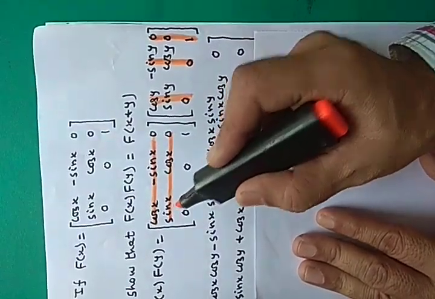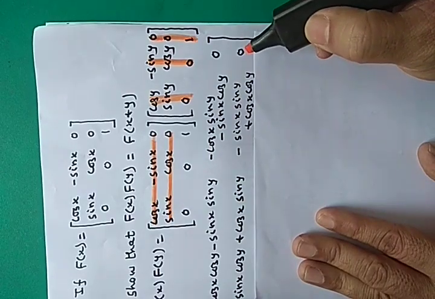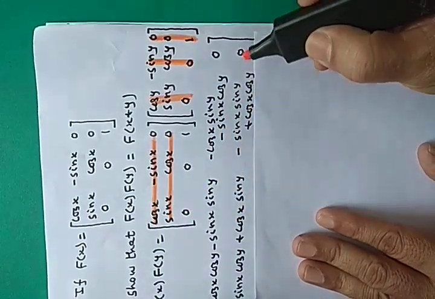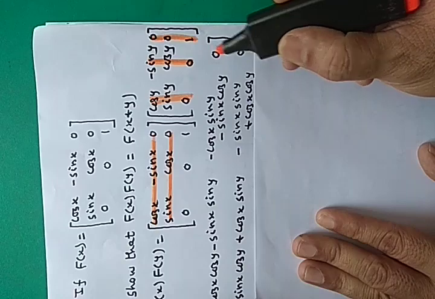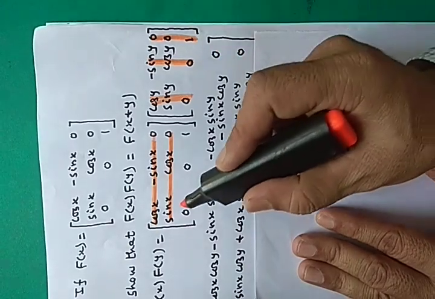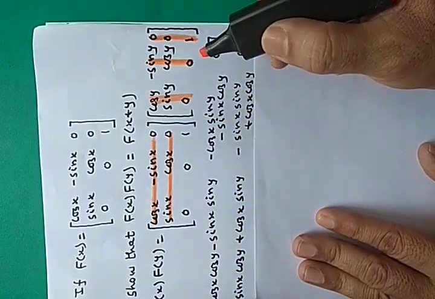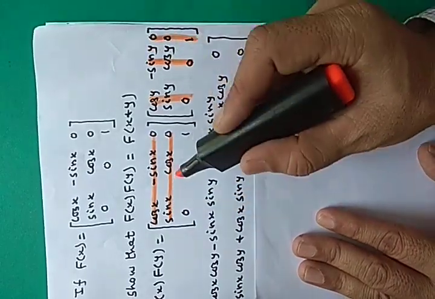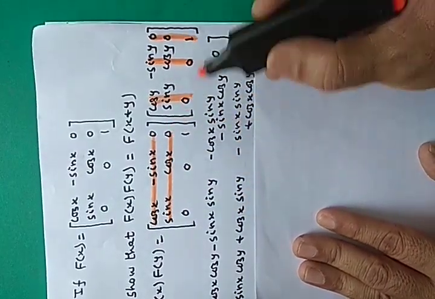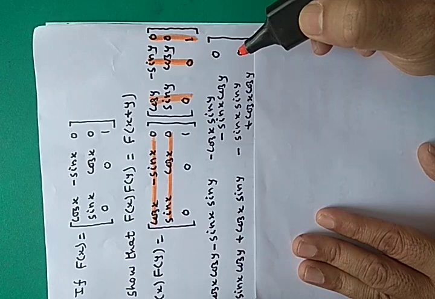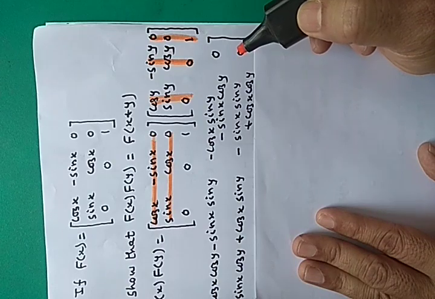Then the last entry is the element of the second row and third column. When you multiply, sin x into 0, cos x into 0, 0 into 1, it will be 0 only. So it is A23.